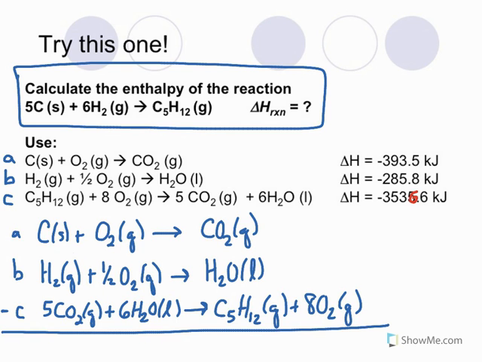Then you start to add things up, and you look for carbon. Carbon's a reactant, but there's only one of them. You need 5. Multiply everything in that reaction by 5.